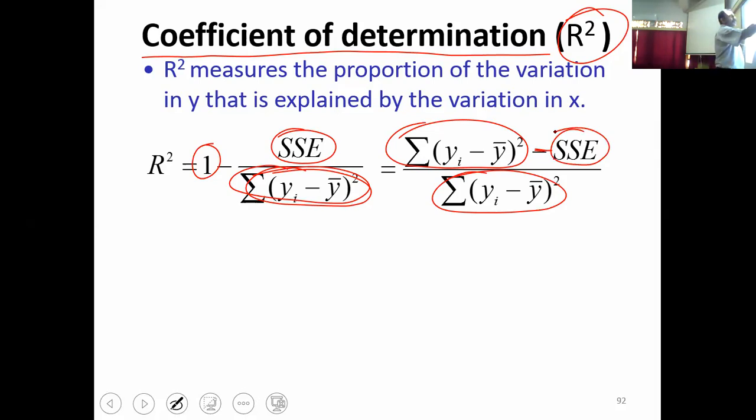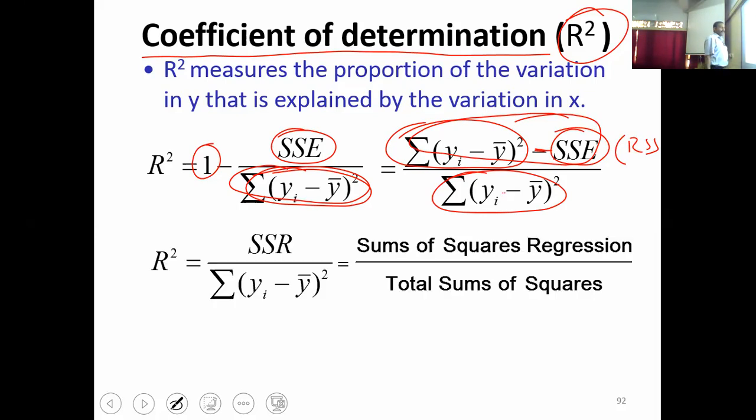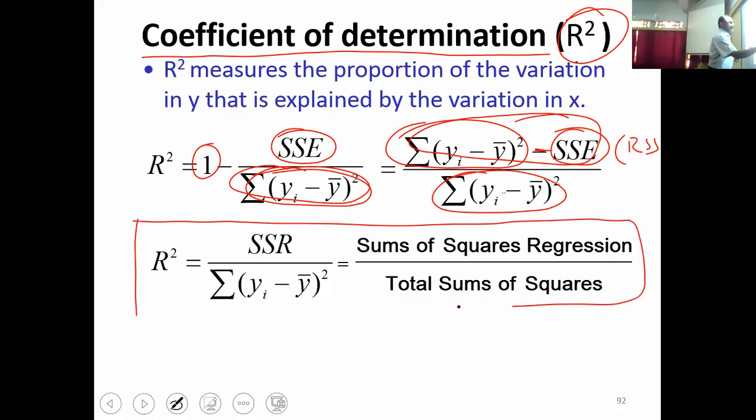Total sum of squares minus error sum of squares is the regression sum of squares, the sum of squares due to regression, divided by the total sum of squares. So in a formula, don't forget this. The above one, remembering is not necessary, but this you should remember.